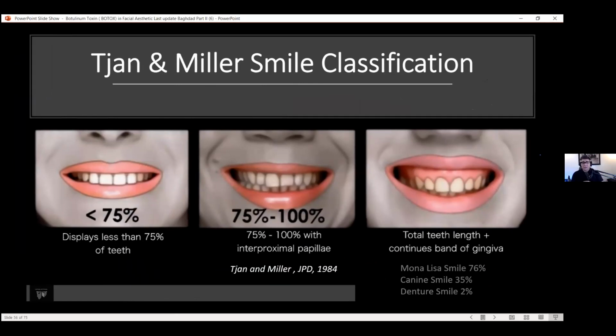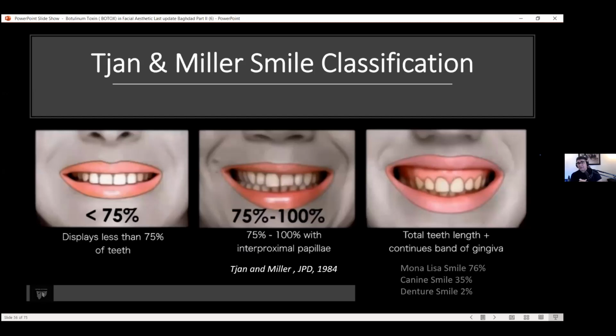He found we have 3 major smile designs or patterns. Class 1 is 75% or less of the patient's teeth exposure. And class 2, or smile type 2, is 75 to 100% of the patient's teeth exposure. You're going to see the whole tooth plus papillae.